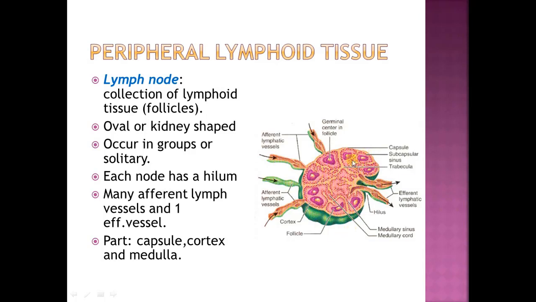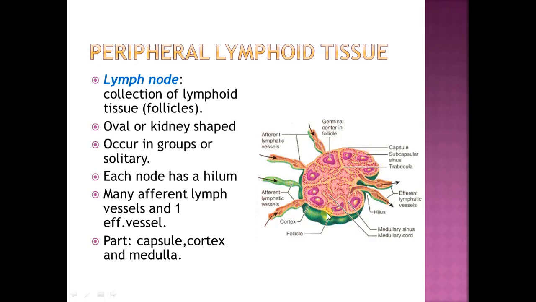A single lymph node receives many afferent lymph vessels, but through the hilum only one efferent lymph vessel leaves. The lymph node is covered by a capsule. Deep to the capsule you see a space called the subcapsular sinus, which is a characteristic feature of a lymph node.